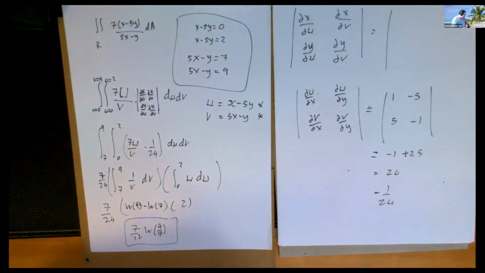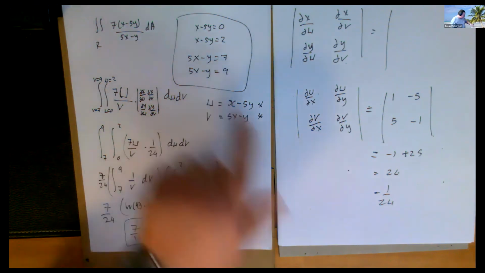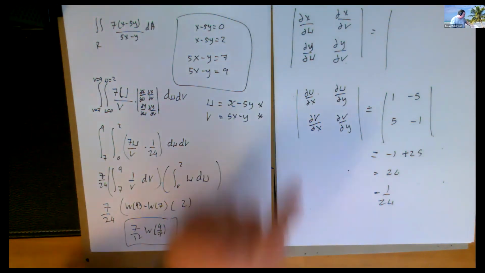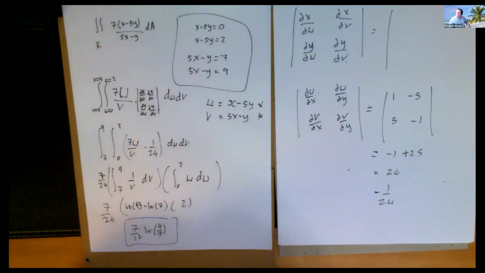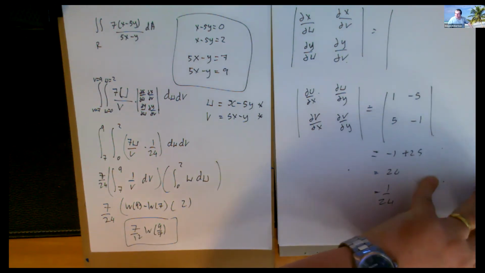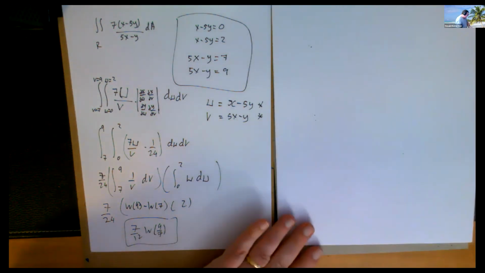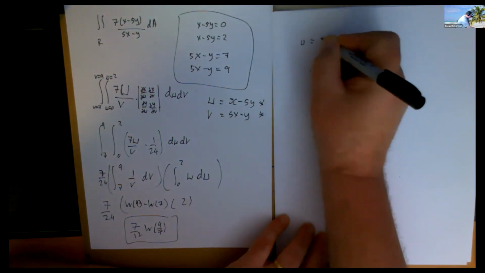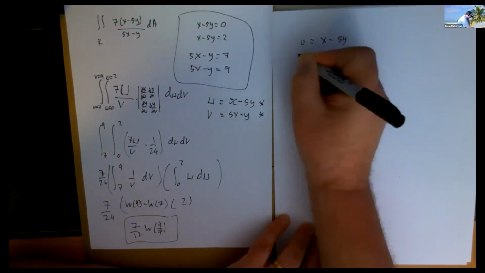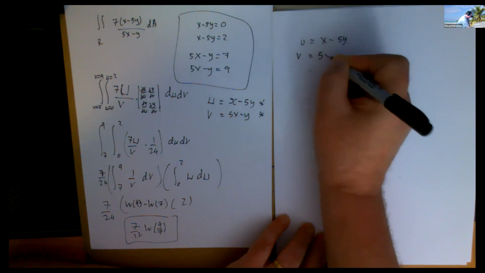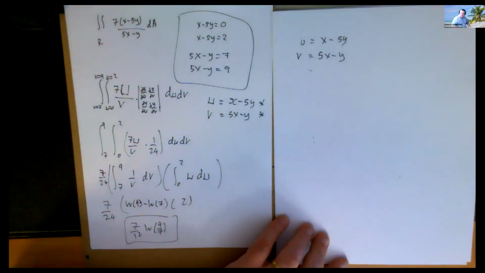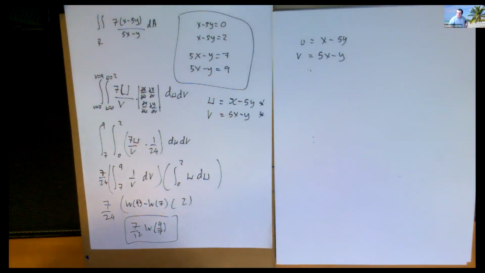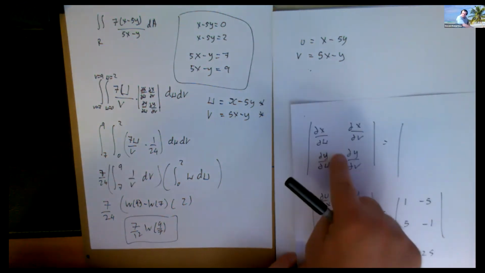Right? Now, just to kind of go through the process, let's do it the official way, the non-shortcut way. And so to do that, I need to return back to this question. And you sometimes can't avoid this, where you're given the u and v, which is fine, right? You still need to solve for x and y if you're going to do this guy here, right?